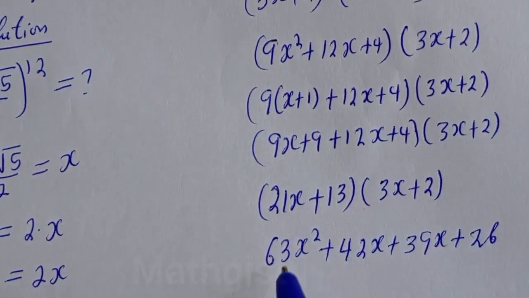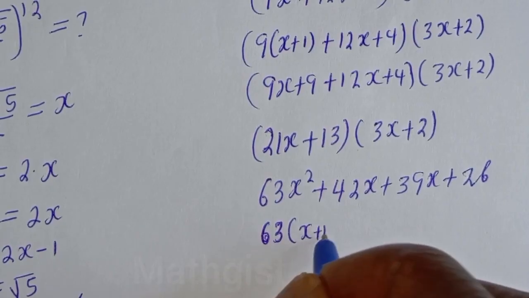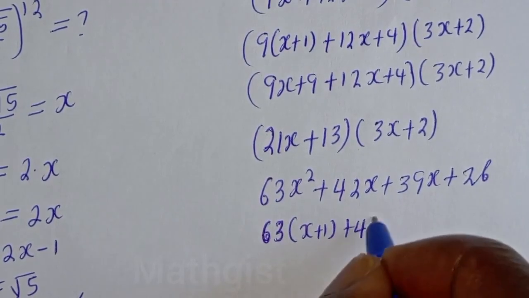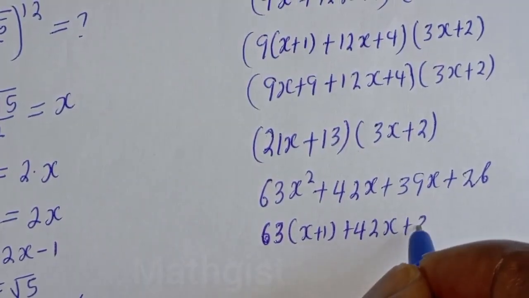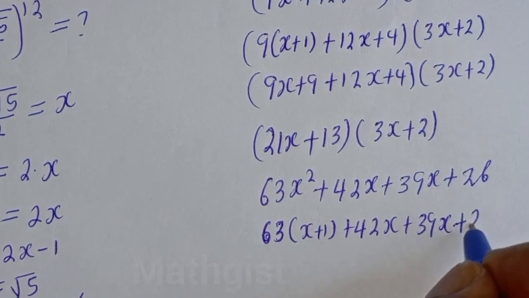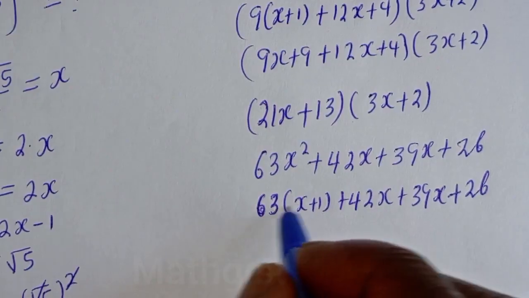And here we have 63(x + 1) + 42x + 39x + 26. Now let's open the bracket.